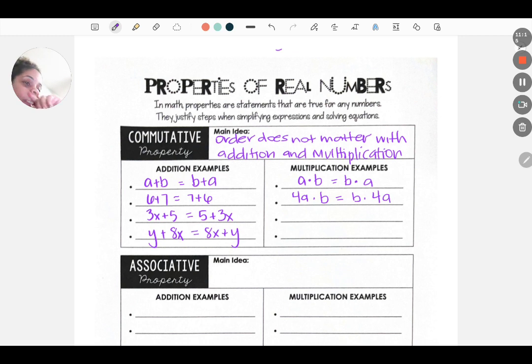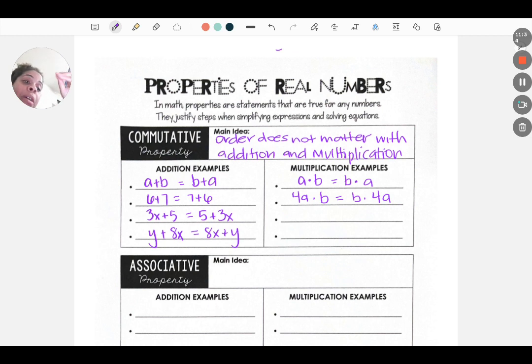I should have used different letters, but it's okay. Right? It's the same. You're going to multiply what A is times 4. Then you're going to multiply whatever that number is times B. Right? In whatever order it comes in. So multiplication is you're going to multiply no matter what. They're both multiplication.